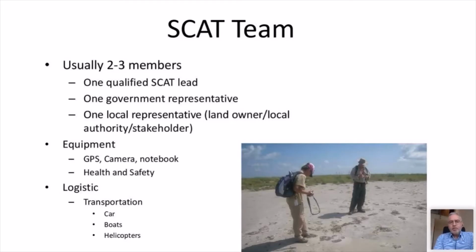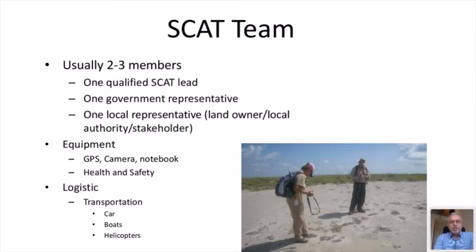They will be someone quite familiar with shoreline morphology, the different coastal dynamics, and oiling as well. Then we add a representative from the place where we are, so a local government representative, and people from landowners or users of the coast will participate as well.